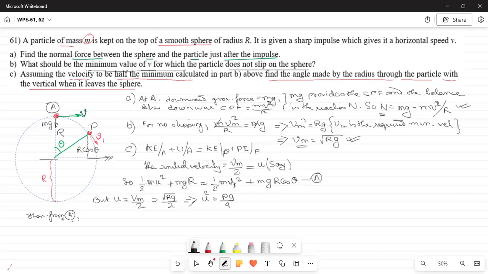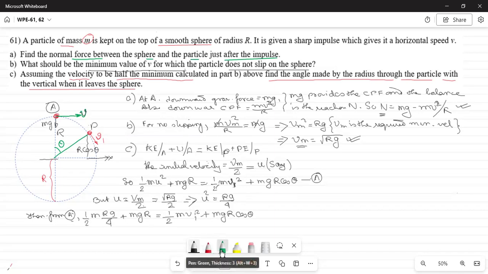from equation A, we can write half m, u square is Rg by 4, plus mgr, this is equal to half m v1 square plus mgr cos theta, right?